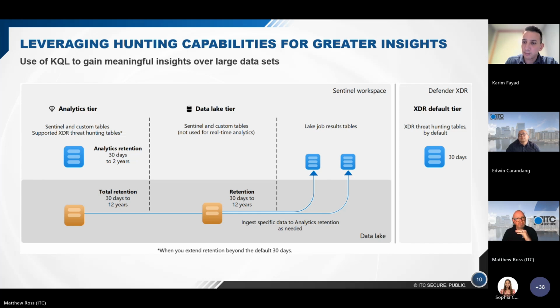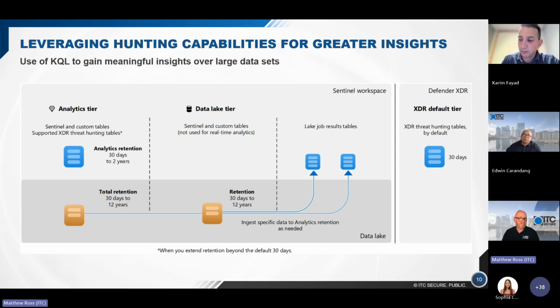So once you've got that data mirrored and you want to extend the retention of your data within Sentinel, you get the 90 days free retention in the analytic tier, but if you want to go beyond that, the optimum solution would be to extend the retention in the data lake tier, as it's already mirrored.